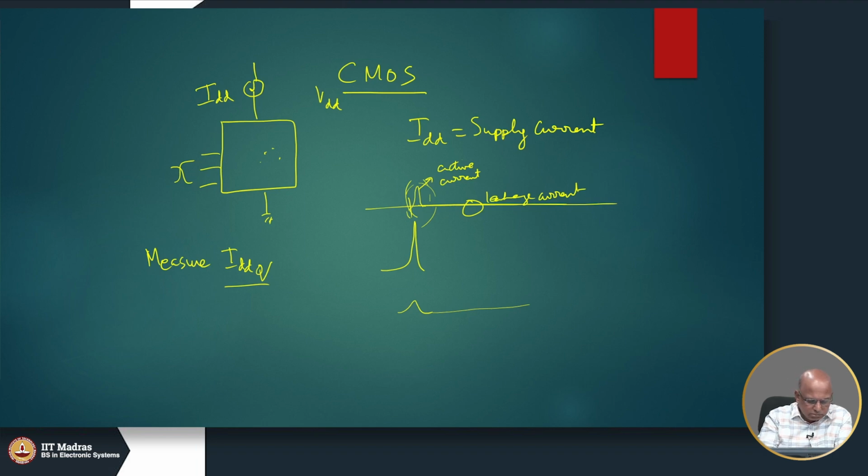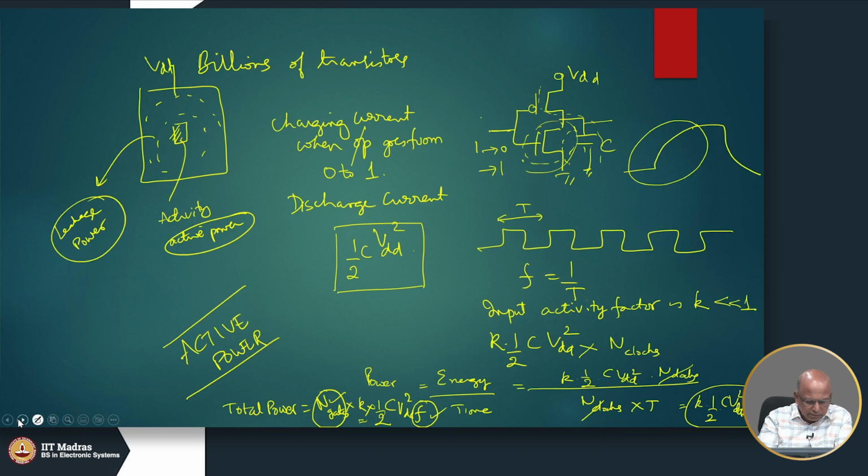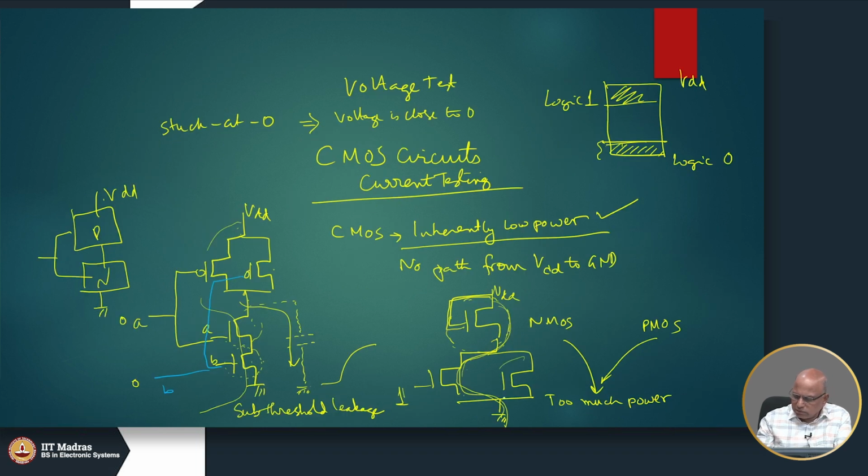But if there is a fault like this, let us say this guy is at fault, permanently stuck at 1. It's always closed. Now, when I make this 1, this will conduct and so will this, which is already conducting. As a result, it will leak and produce a continuous path.